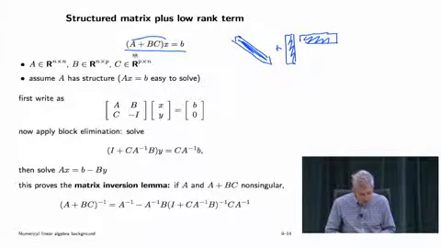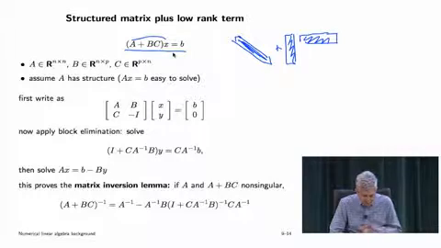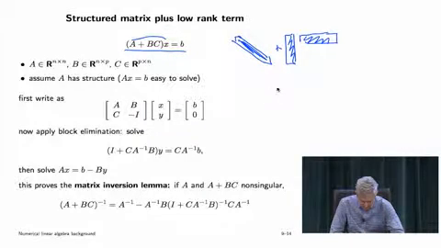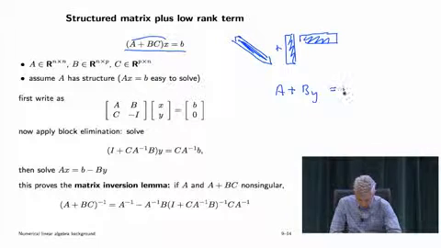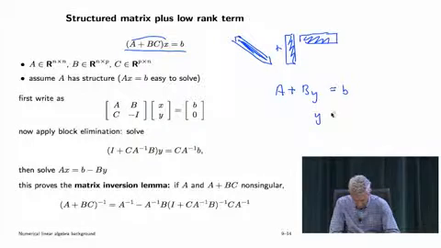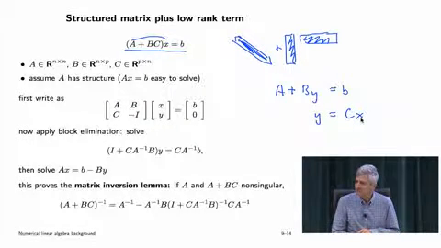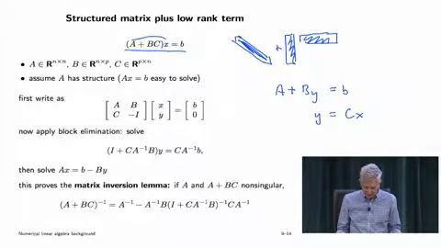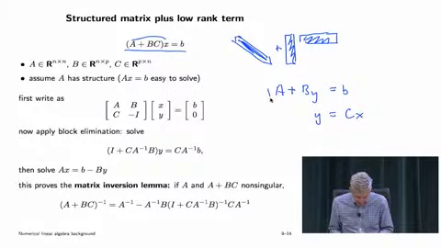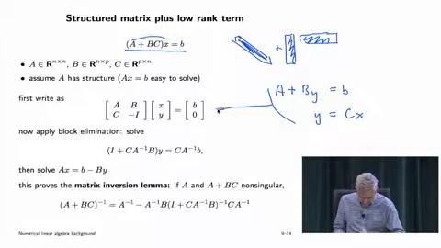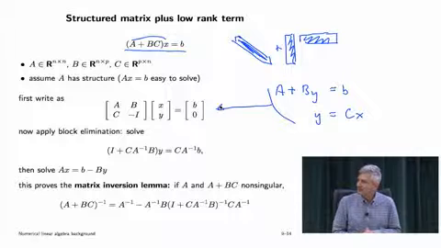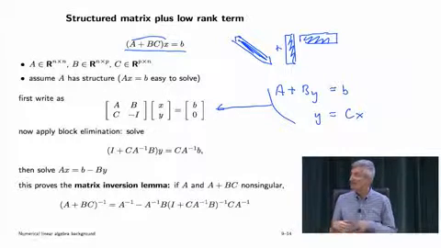So when you look at (A + BC)x = b, you write that as Ax + By = b, where y is actually Cx. Everybody got that? Of course, they're the same thing. They're identical. But you rewrite the equations like that. So you've done unelimination. You've introduced new variables and new equations.